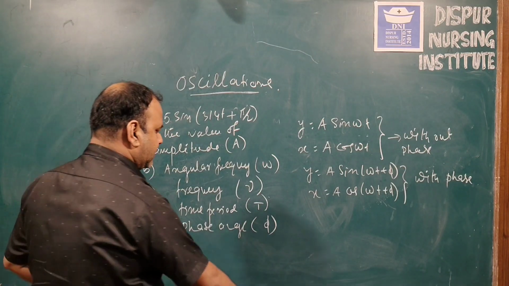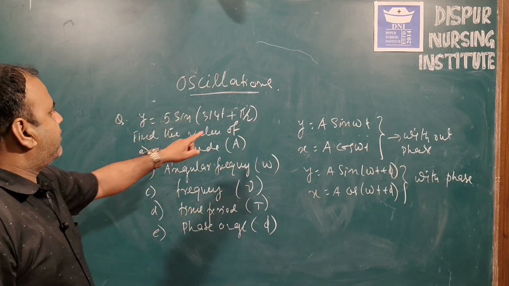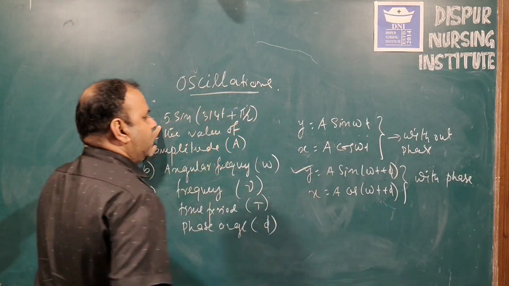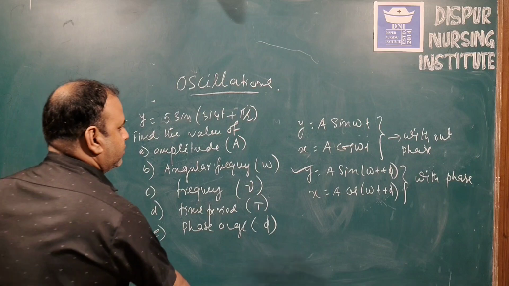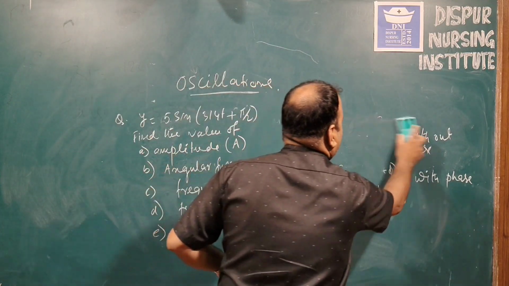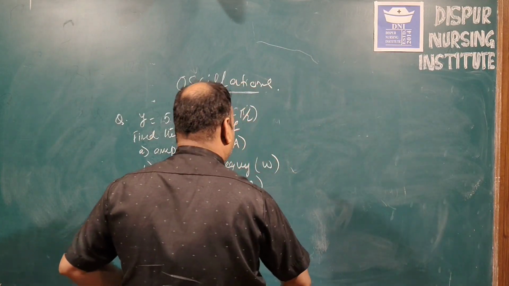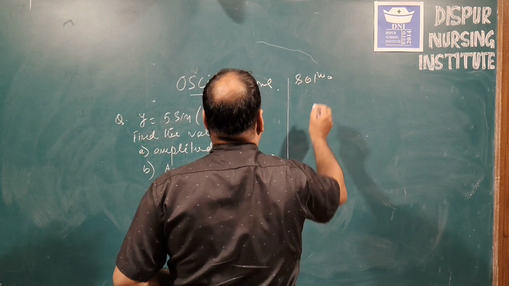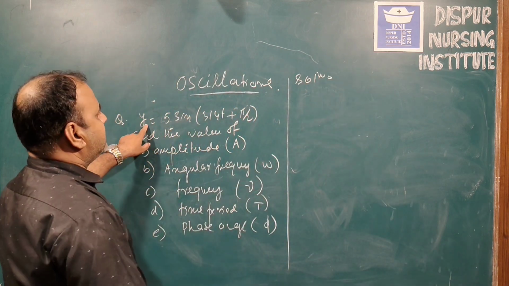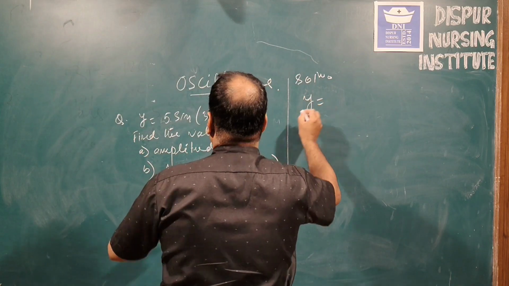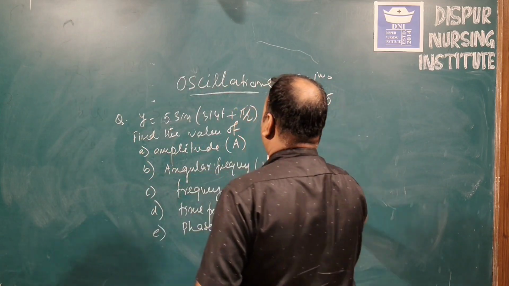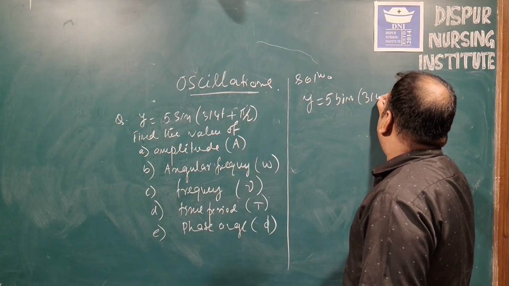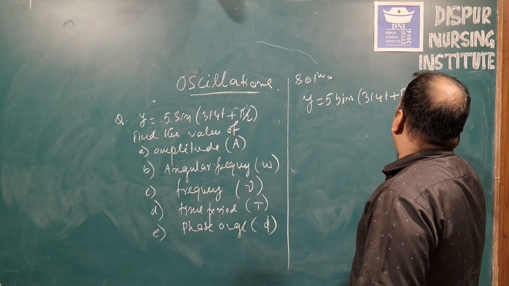Now in this case, this is our formula. Here the phase angle is given, so this relation is completely related with it, and that is why we will use this formula. Now you can see how we solve the numerical. Solution: this is the equation given to you, y is equal to 5 sine of 314t plus pi by 2.